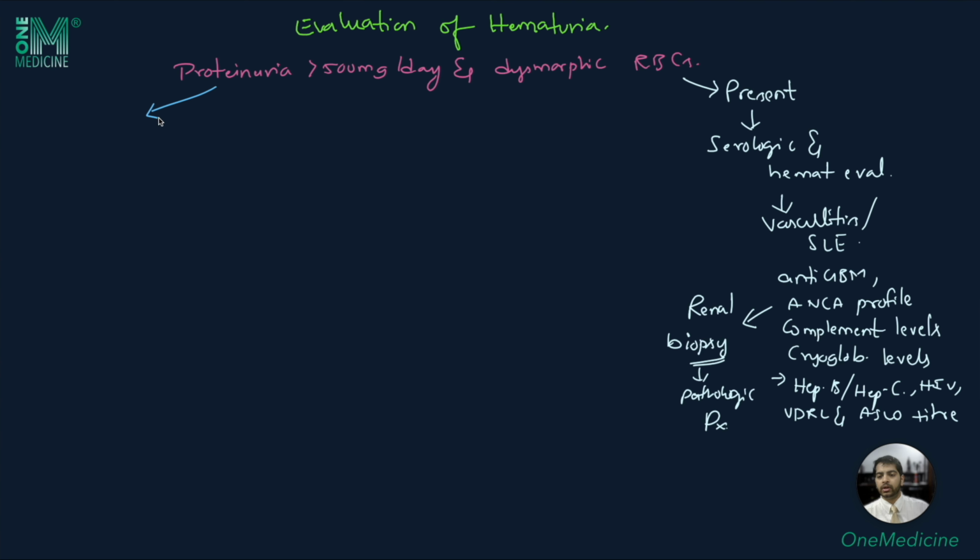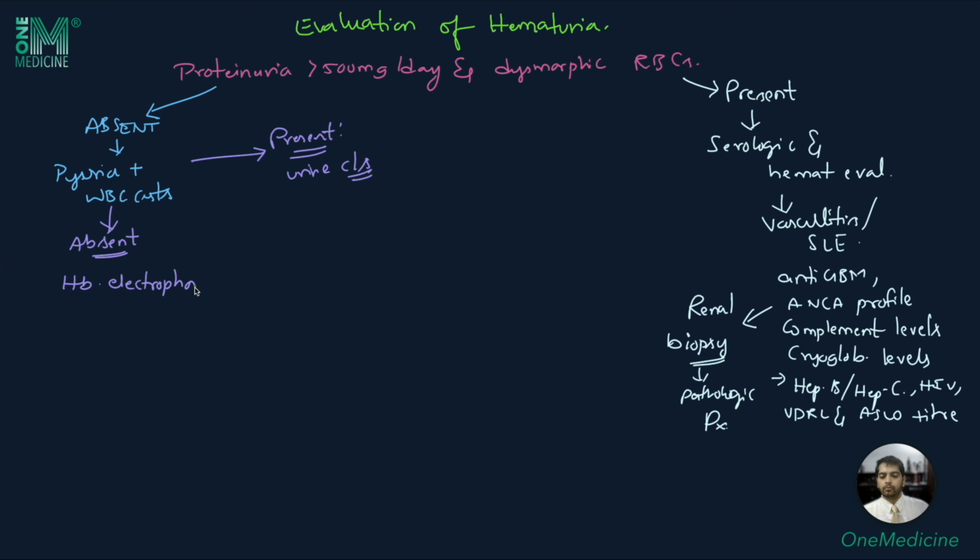If proteinuria and dysmorphic RBCs are absent, the next test to be done is to see if the patient has pyuria with WBC casts. If these are present, then the patient's urine must be subjected to culture sensitivity and the patient should be treated accordingly. If they are absent, then further evaluation with hemoglobin electrophoresis, urine cytology, urine analysis of family members, 24-hour urinary calcium or uric acid should be assessed.